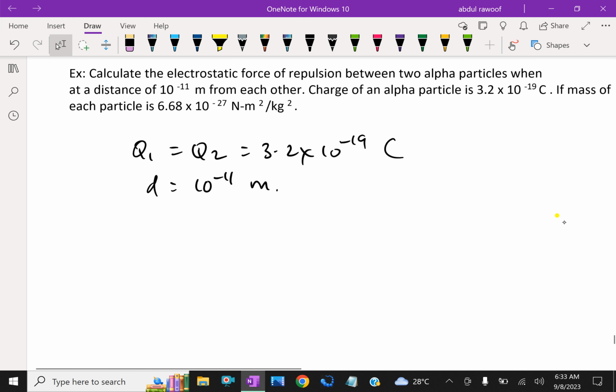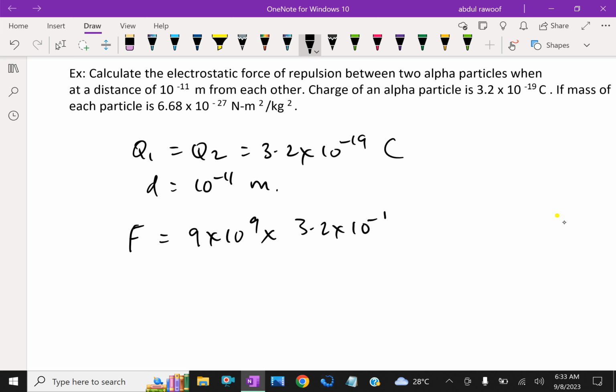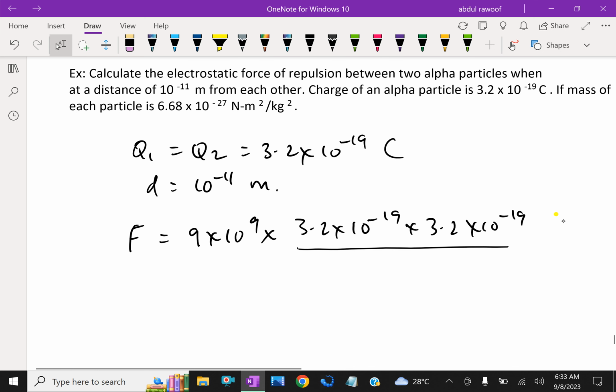Therefore the force of repulsion between the alpha particles is 9 into 10 power 9 into 3.2 into 10 power minus 19 into Q2, also 3.2 into 10 power minus 19, over 10 power minus 11 the square.